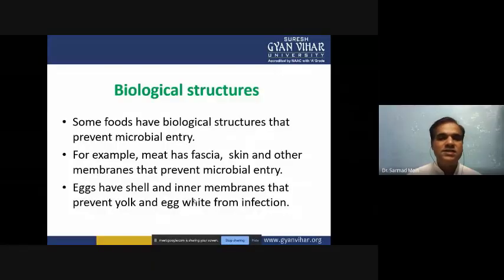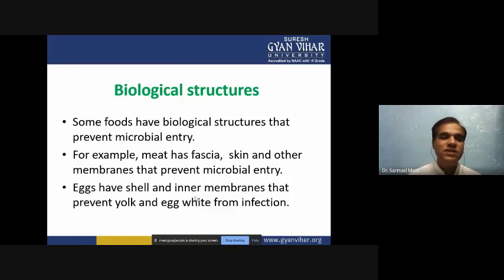Then biological structure. Some foods have a biological structure that prevents microbial entry, and we know meat has fascia, skin, and other membranes that prevent microbial entry. And eggs have a shell. So if the shell is there, microbes can't attack. Some natural barrier is there on the food material, like your seeds.